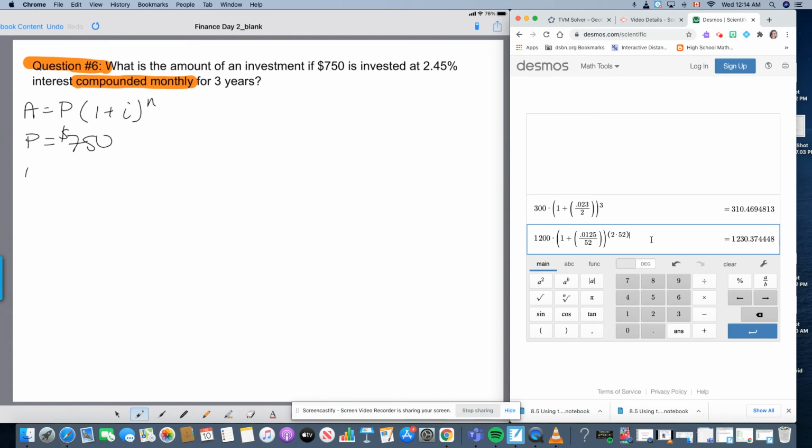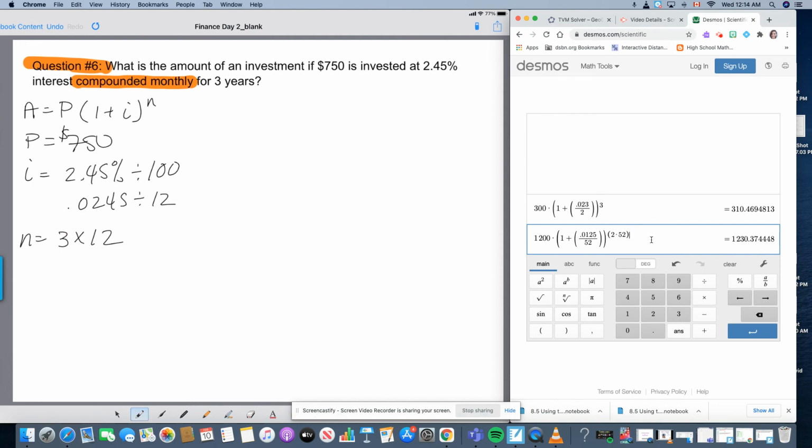We know our I is going to be that 2.45%, and we know we have to divide by 100, and that's going to give us 0.0245. We know that our N is going to be 3 years, and then this is going to be compounded monthly. So we're going to divide by 12. And for this, we're going to multiply by 12.